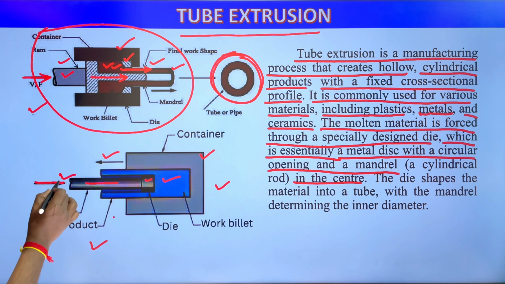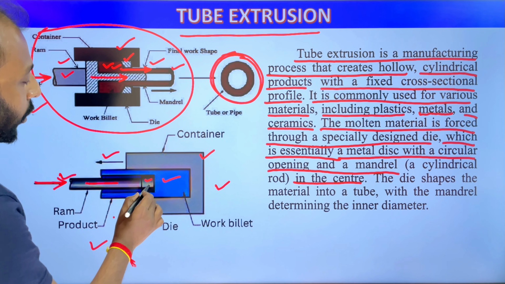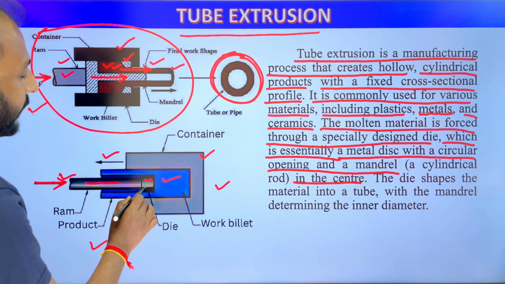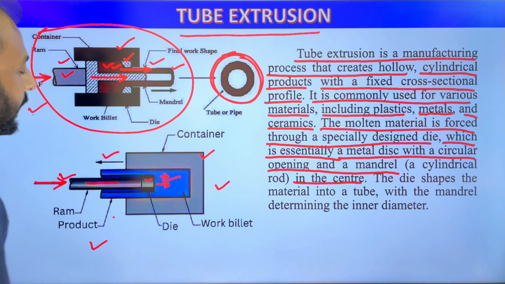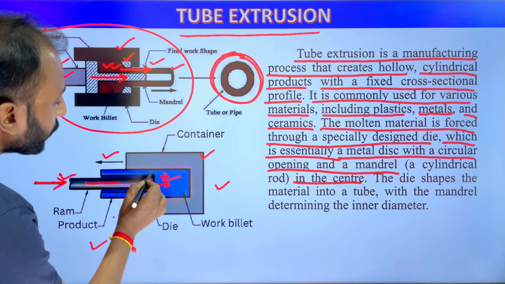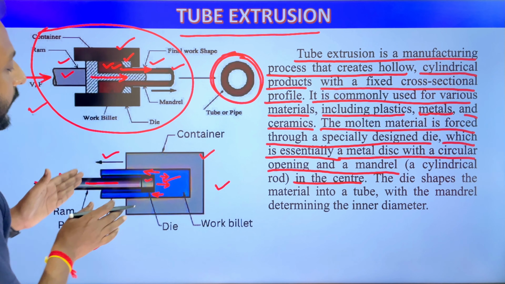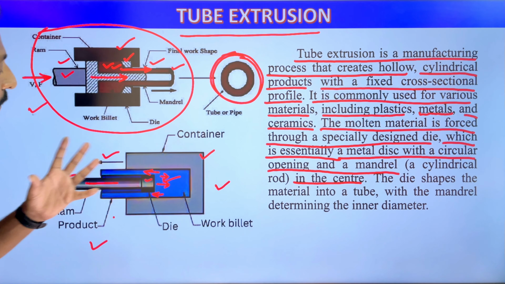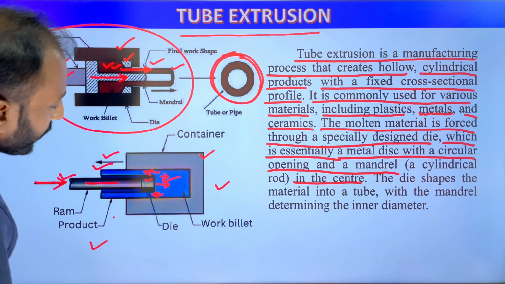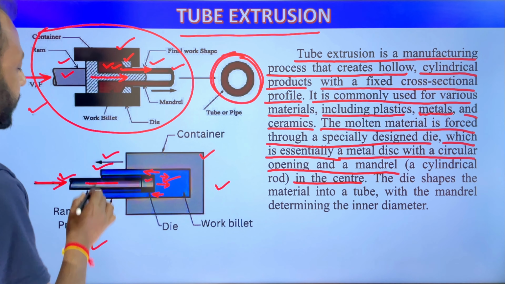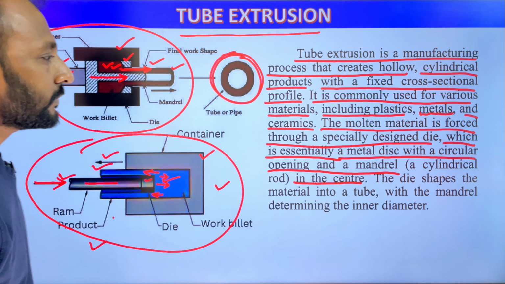When we are forcing the ram from left to right, the die is also going with the ram and it is creating force on the heated metal billet, and heated metal billet is coming out through this opening. But the metal billet is only coming through the circumference of the die and the hollow product is getting produced. So we are creating hollow product in backward extrusion like this.